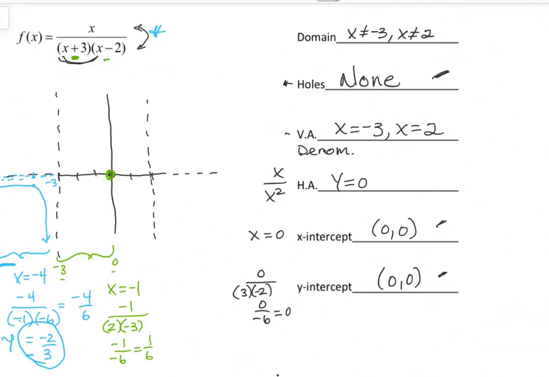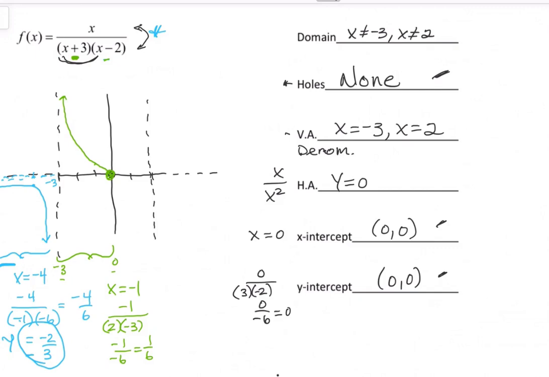So if I were to plot -1, 1/6, that means that from this vertical asymptote to that point, my curve is above the x-axis. So now we need to figure out if that graph turns around and goes back up, or if it continues down below the x-axis.